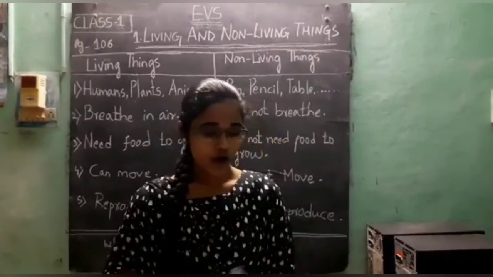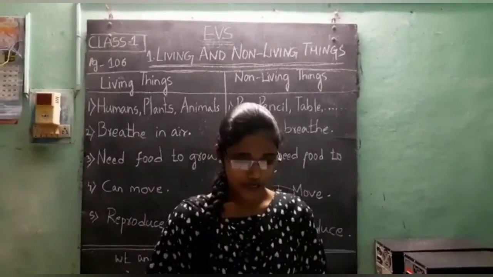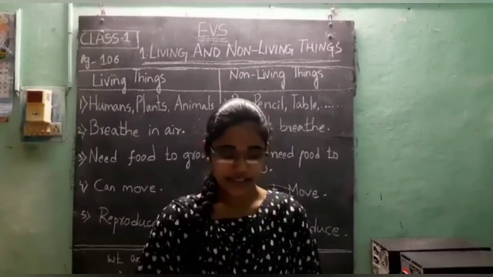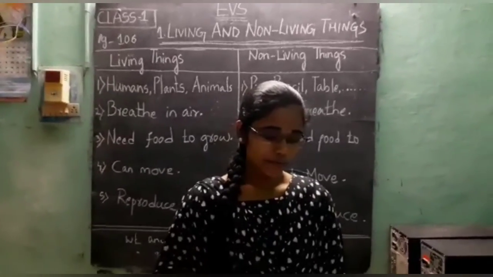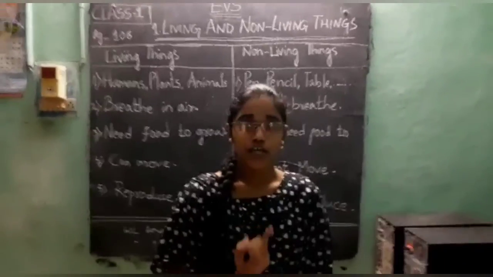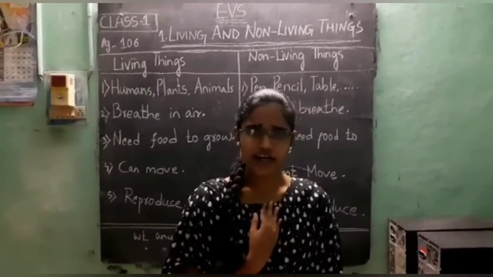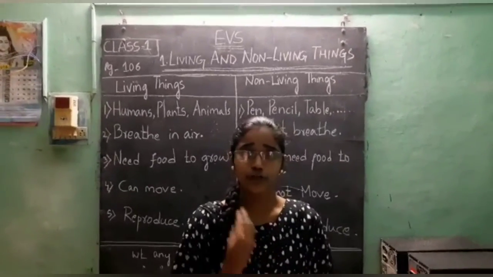Next point. All living things eat food to grow, whereas non-living things do not need food to grow. What are living things? Humans. We are humans, right? So we need food to grow.